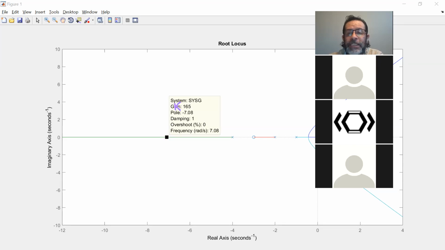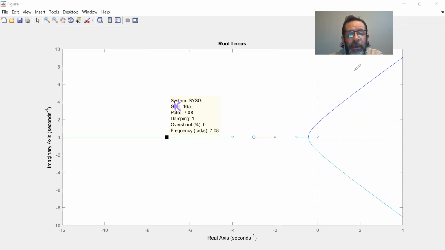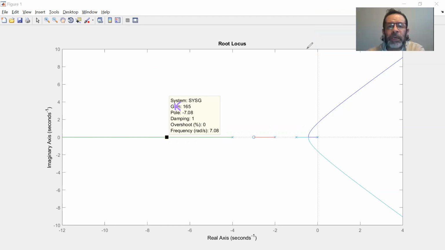So for this particular value of K, the pole is minus 7.08. I have a damping of 1, an overshoot of 0, and the natural frequency is 7.08, a rough equivalent to a second order system is what it's doing there. For example, if I click on another point, let's click on a point here.